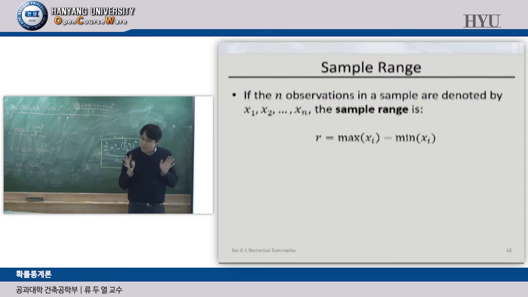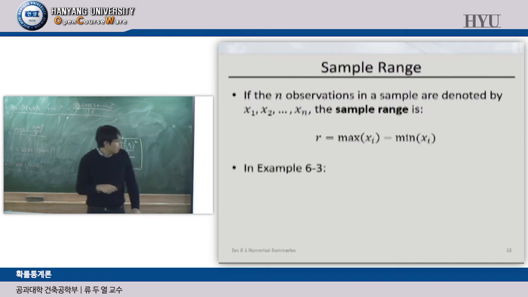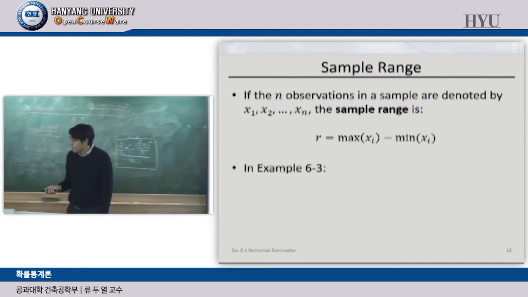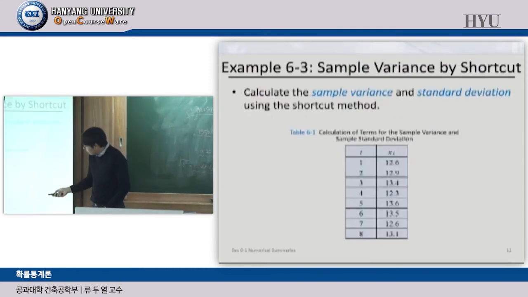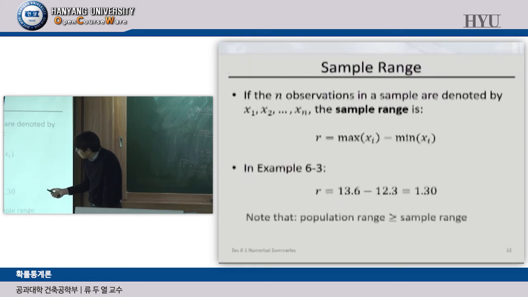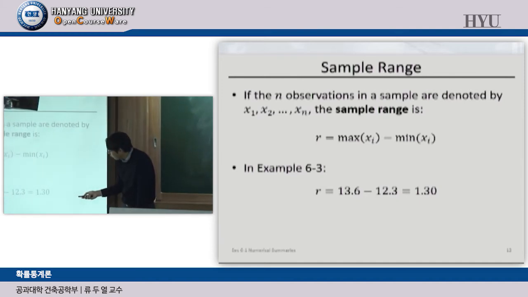So this is the range of the sample. So from the previous example 6-3, what is the maximum value? That is 13.6. What is the minimum value? That is 12.3 here. So the sample range R is equal to 13.6 minus 12.3, that is equal to 1.3.